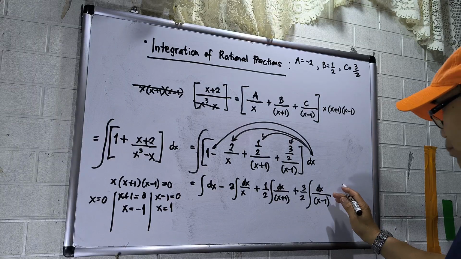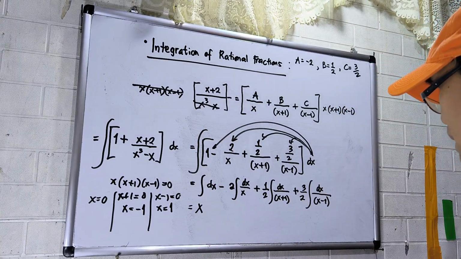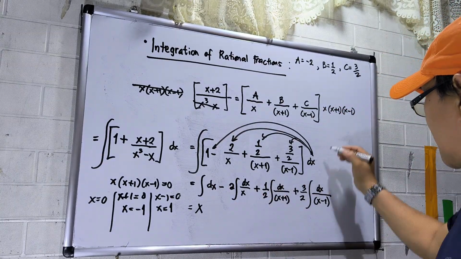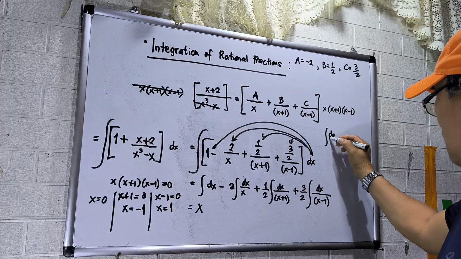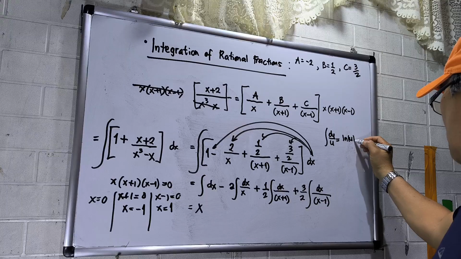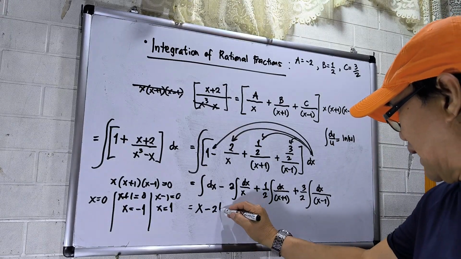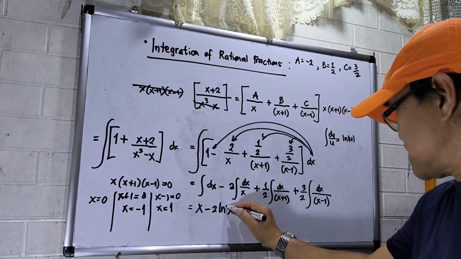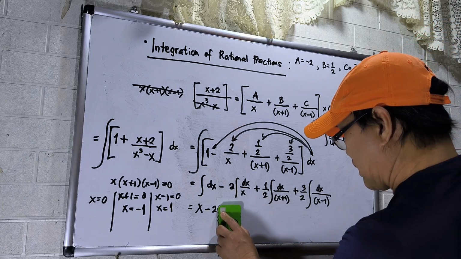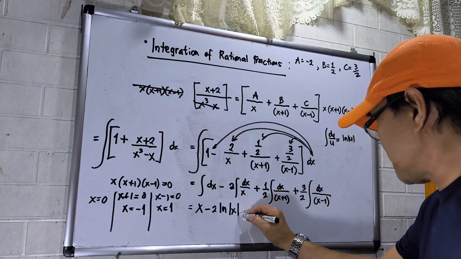Okay, so integral of dx, that will be x. Note that integral of du over u will be ln absolute u. Okay? So this will be minus 2 ln absolute x.